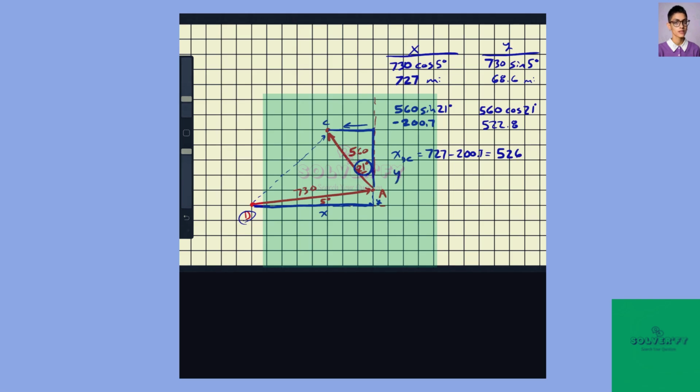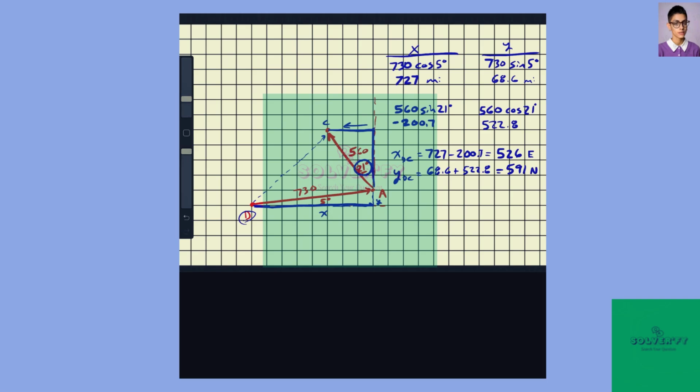Our y value from Dallas to Chicago is going to be 68.6 plus 522.8, and we'll just round those off as well to 591. And so that 526 is the displacement to the east, and that 591 is the displacement to the north.